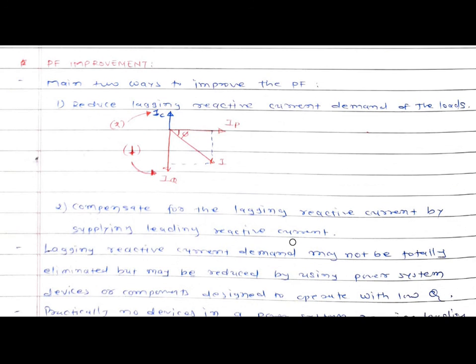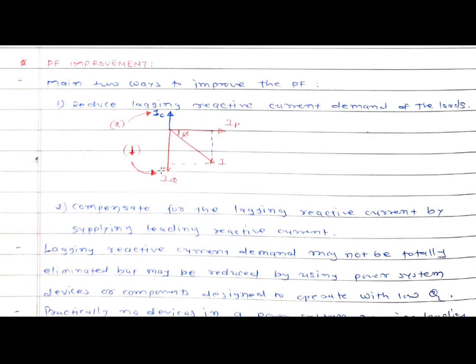Now the next topic is power factor improvement. In power factor improvement, there are two main methods. The first one is to reduce the lagging reactive current demand of the loads.